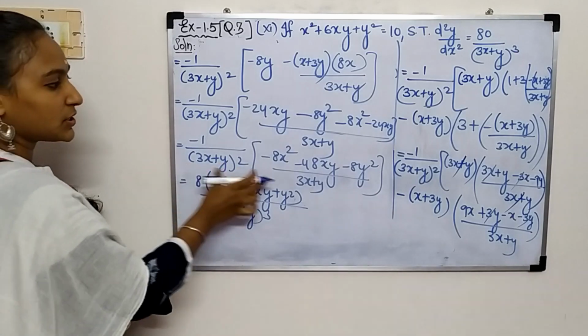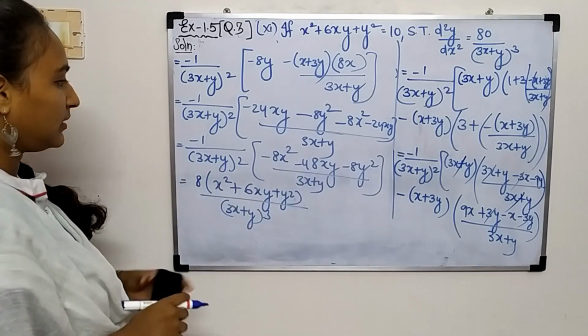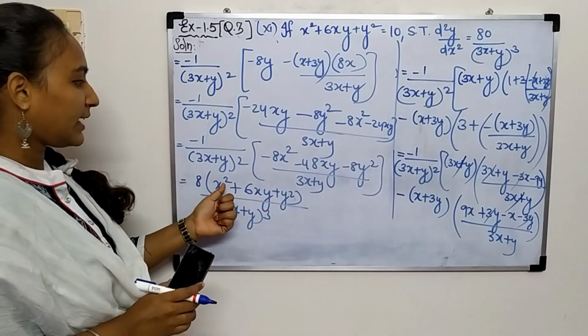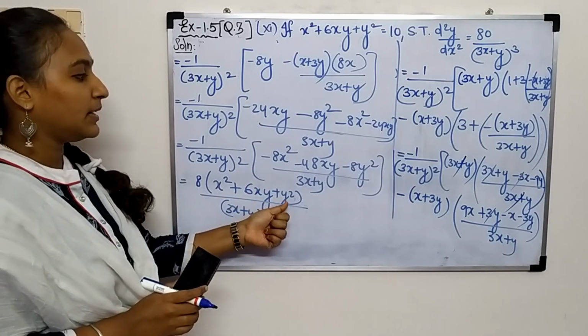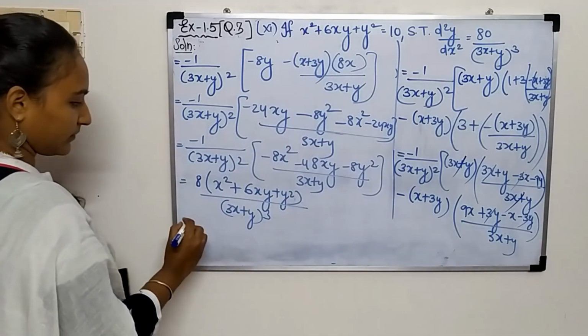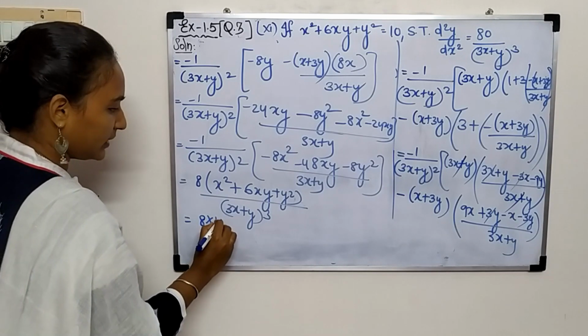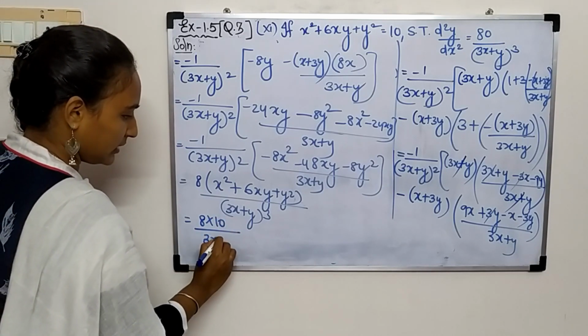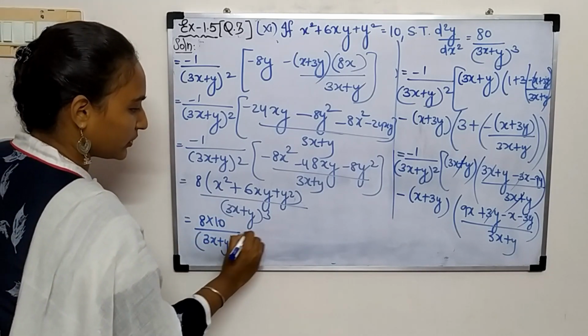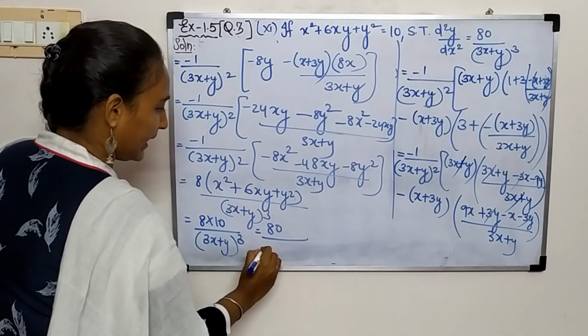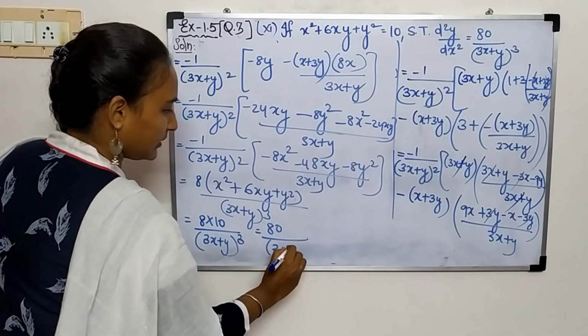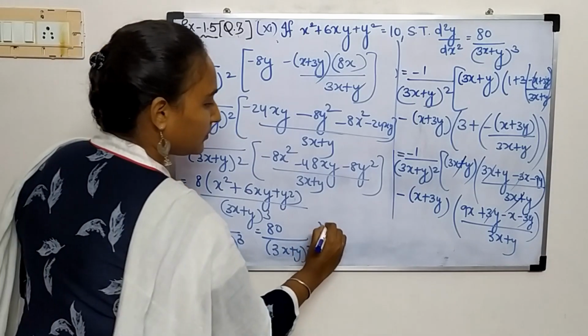(3x plus y) the whole square into (3x plus y). See, from the question you can see that x square plus 6xy plus y square equal to 10. So this is 8 into 10 upon (3x plus y) the whole cube, that is equal to 80 upon (3x plus y) the whole cube. Hence shown.